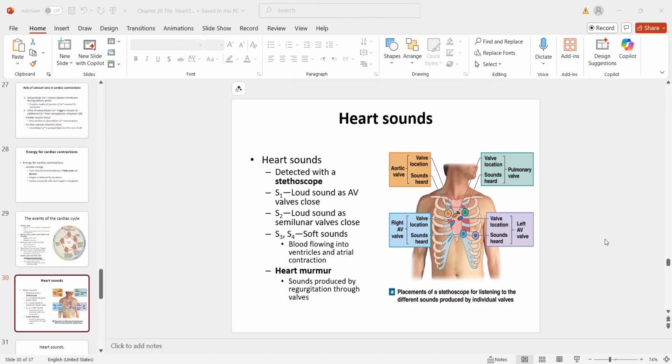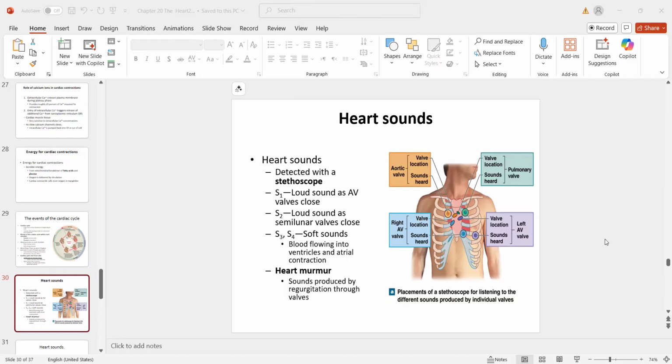There are four heart sounds named S1 through S4. Listening to the heart with a stethoscope can detect the first and second heart sounds. These sounds accompany the closing of the heart valves. The first heart sound, S1, known as lub, lasts a little longer than the second, S2, called dub.